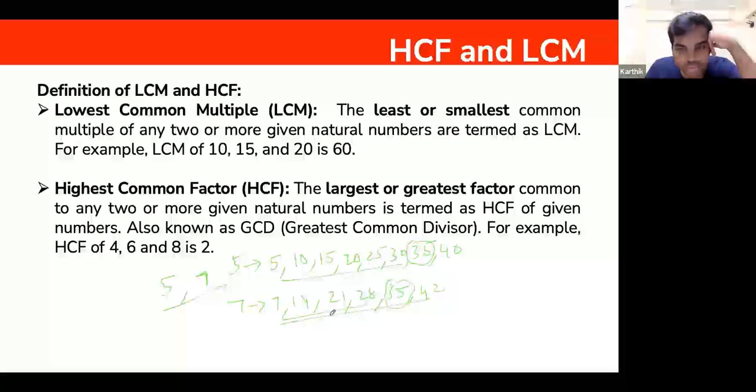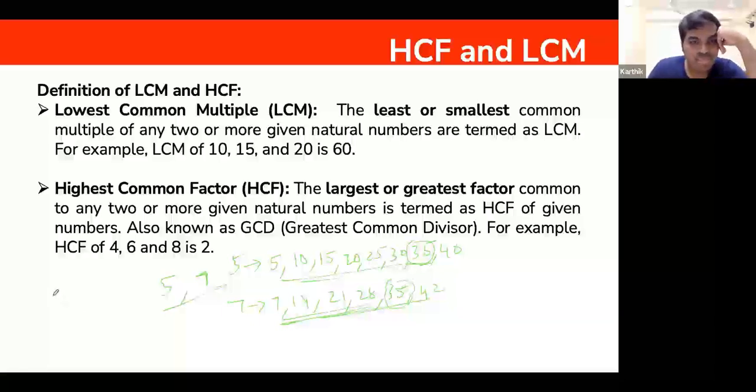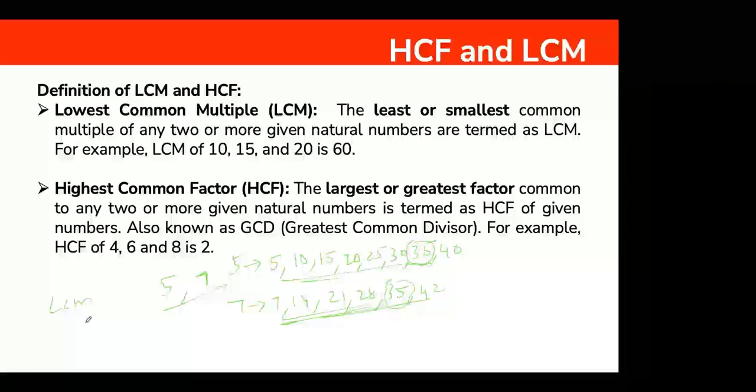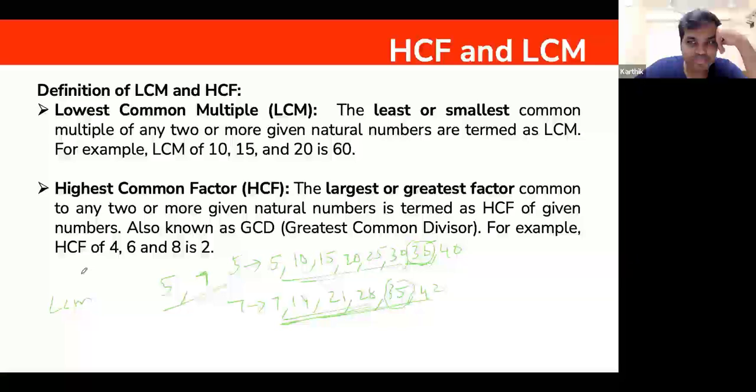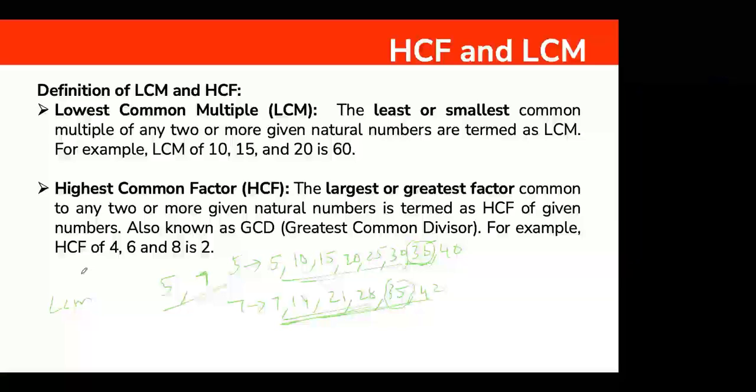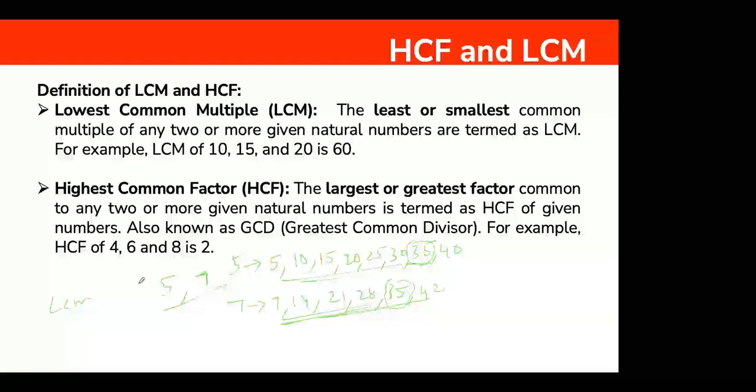We are finding the multiples and identifying the common multiples and the least one of the common multiples. So that is the meaning of LCM. Are you able to follow? Should I repeat this? Fine.